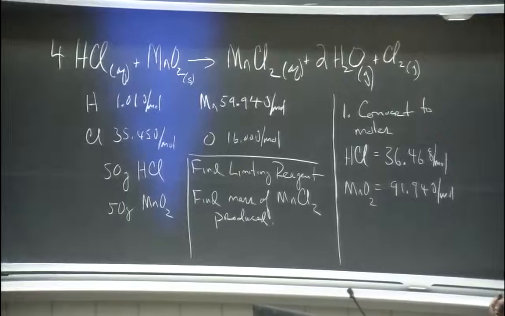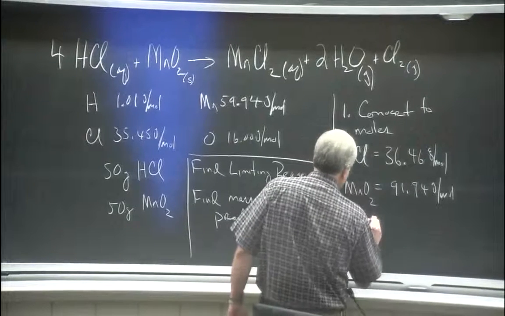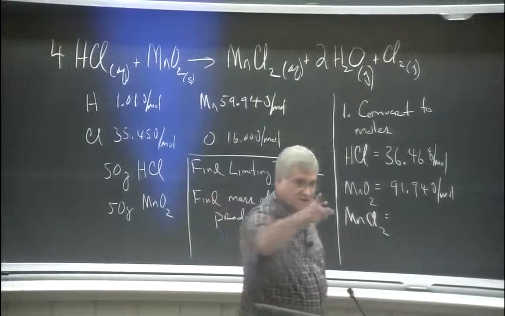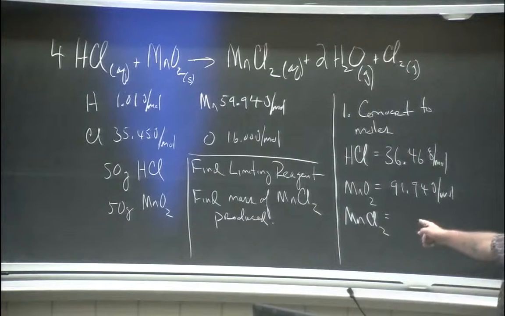All right, so let's get the last 2 up here. Manganese 2 chloride is going to be what? Somebody else? Anybody? You, sir? With the white sports jacket? The manganese 2 chloride.